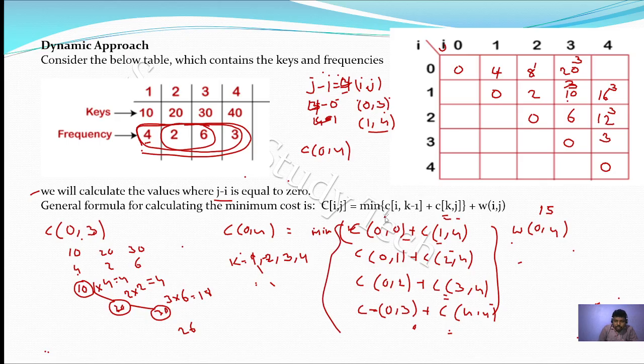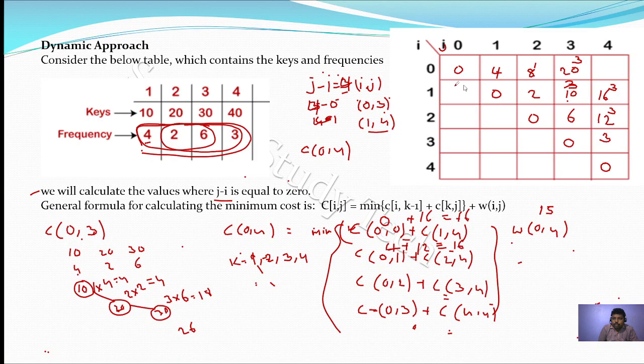So C of 0 comma 0 is 0, and C of 1 comma 4 value is 16. Here it is 16. Here C of 0 comma 1 value is 4, 4 plus C of 2 comma 4, value 12, that is also 16.